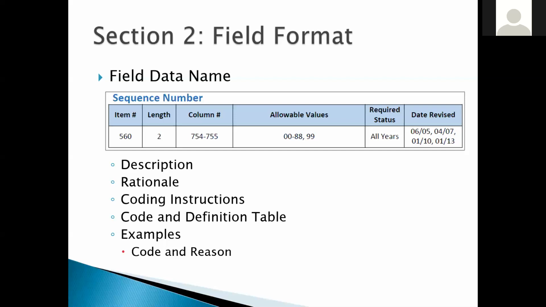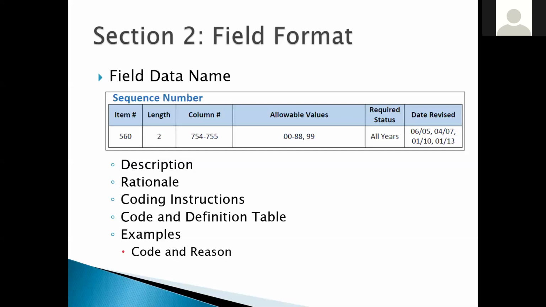So what's really important for you to pay attention to from this table at the top is the length, how many data items or digit length the data field wants you to enter. And then the allowable codes, those are the codes that you can and should enter in this field.